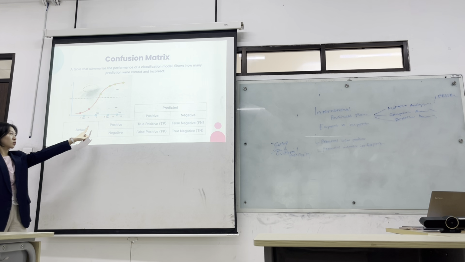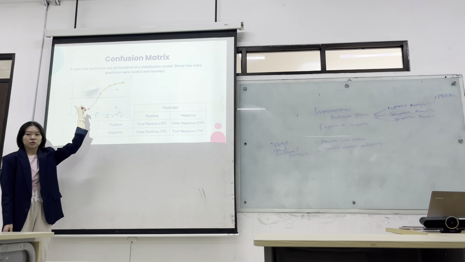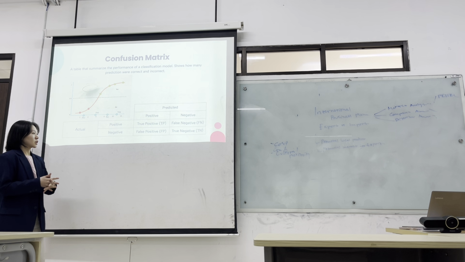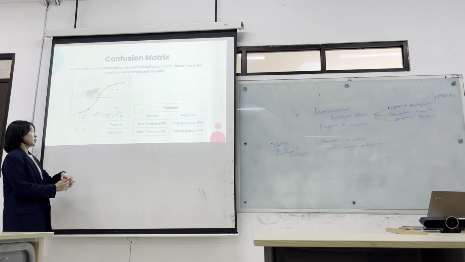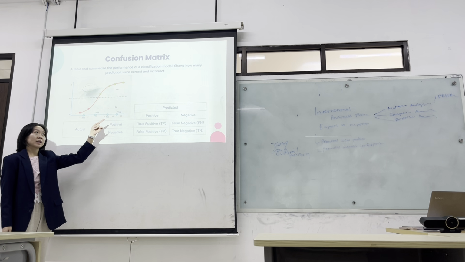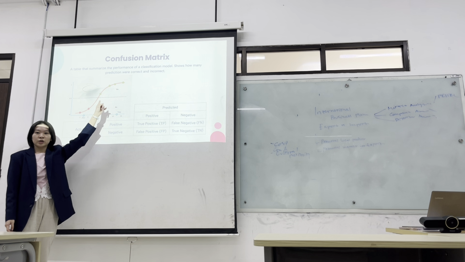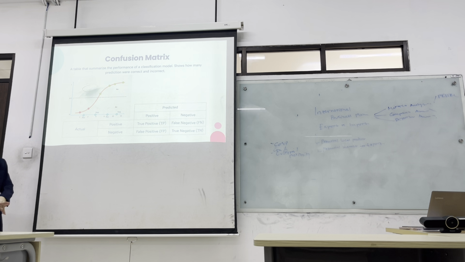And then the third one is a no, but it falls in the yes region. So we can say that it is a false positive. And for the fourth one, the actual data shows it's yes, and it also falls in the yes region. So we can say that it is a true positive.